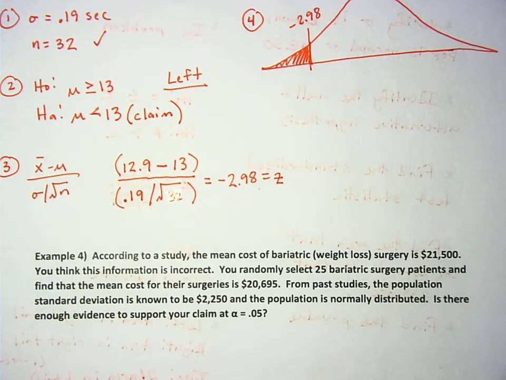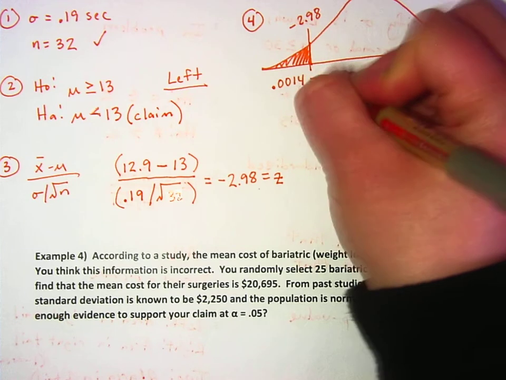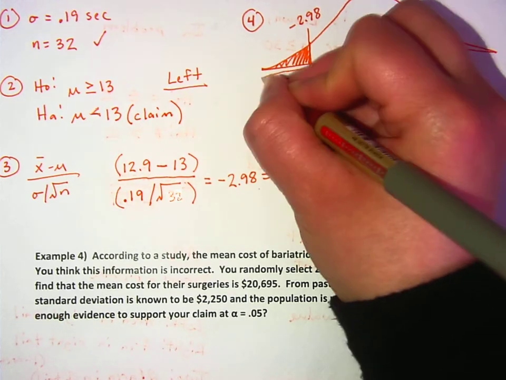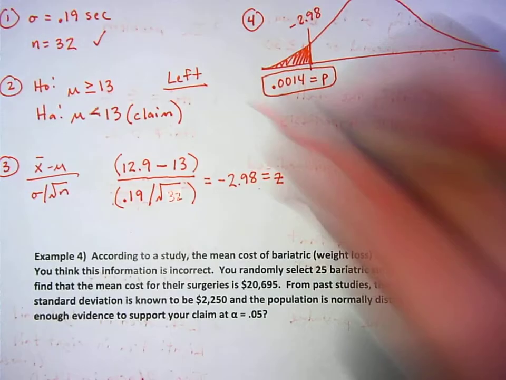Oh wait, never mind, it's 0.0014. Yeah. 0.0014, and that's our p-value. Which is step 5.